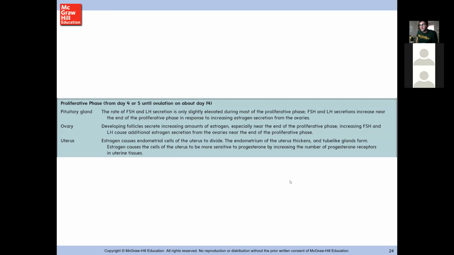Okay. Then we have the proliferative phase, from day 4 or 5 until ovulation on roughly day 14 of the menstrual cycle. The pituitary gland's follicle-stimulating hormone and luteinizing hormone secretion is only slightly elevated during most of this phase.